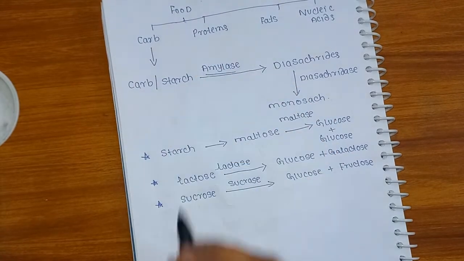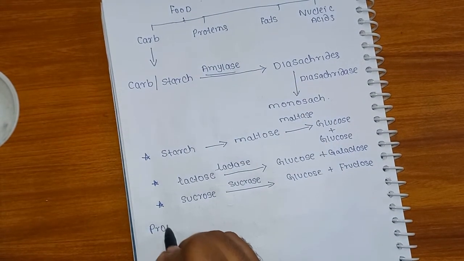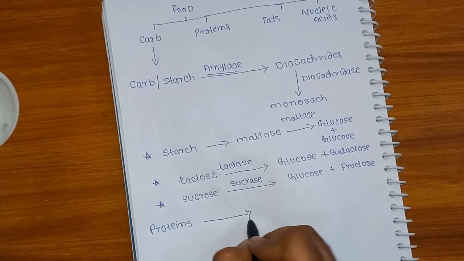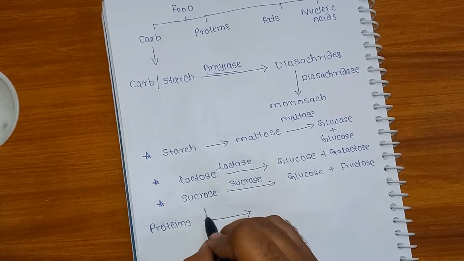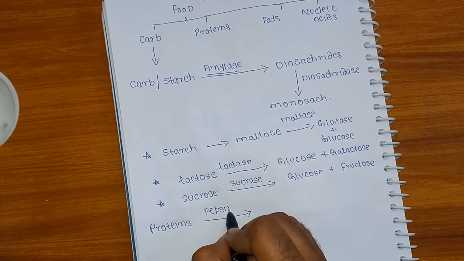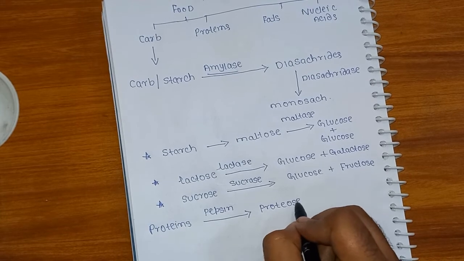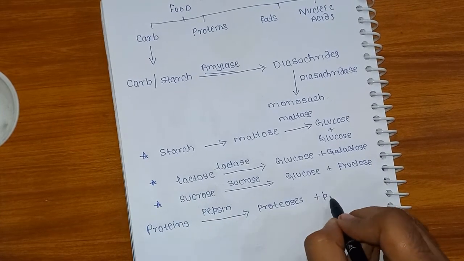Now we're talking about the proteins. First, in the stomach, they are acted upon by pepsin and converted into proteoses plus peptones.